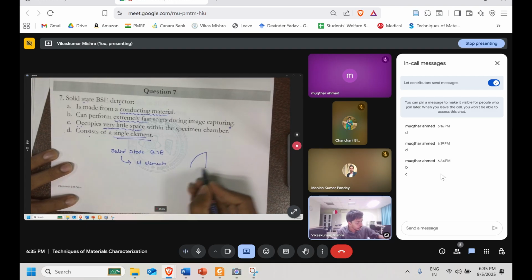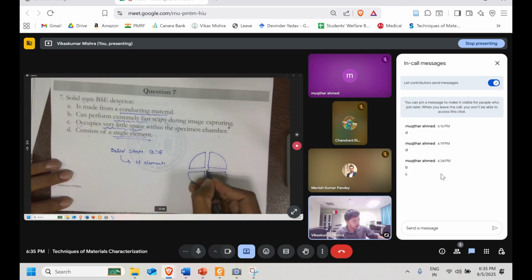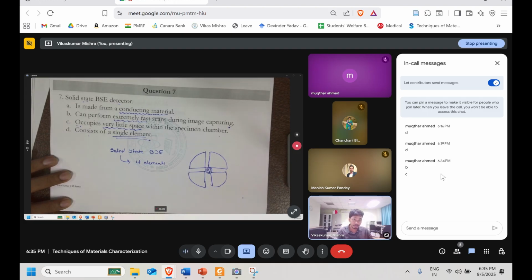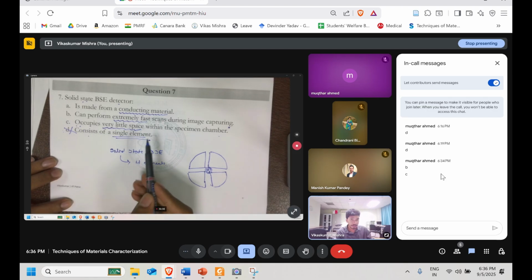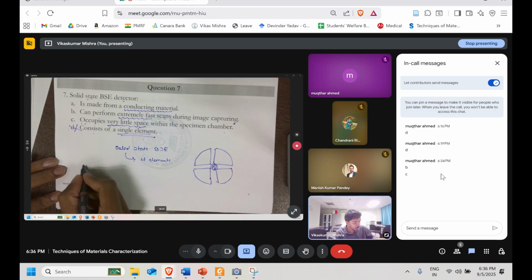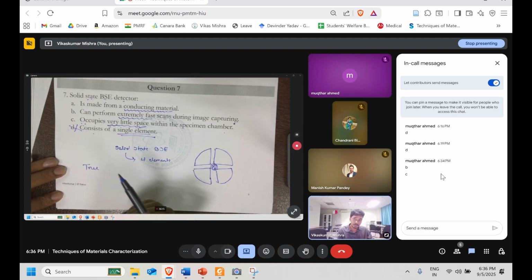It more or less looks like this, and across this the primary beam will pass. So it's not a single element, it's a 4 element detector. Occupies very little space: the answer is true. We are talking about the solid state BSE detector. This is right.